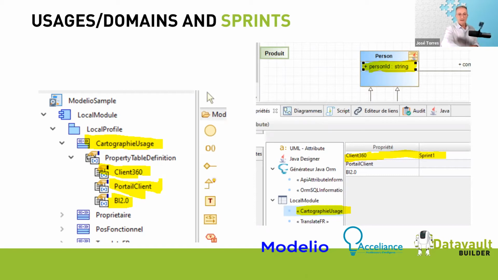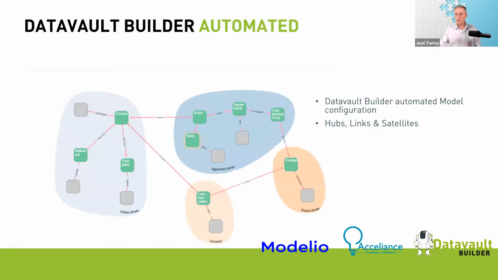We will see that after parameterizing the usages or mesh domains on the left, we can set the sprints at the attribute granularity. So I show on the right up the person ID is inside the Client 360 sprint 1. Okay, that's right. So go on.